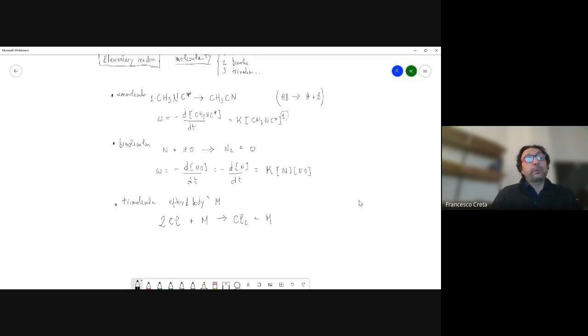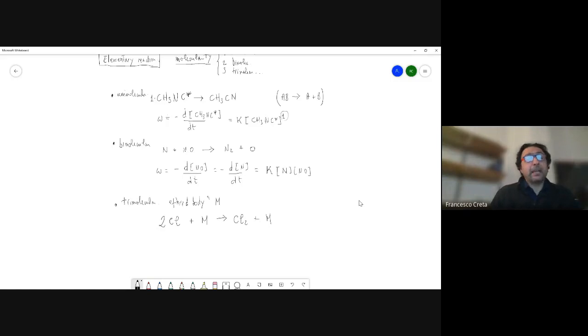It only participates in the reaction energetically. So this collision here energetically will cause the chlorine atoms to fuse together to form the chlorine molecule. But M is now probably in a different energetic state than it was here, but it didn't change its molecular structure.